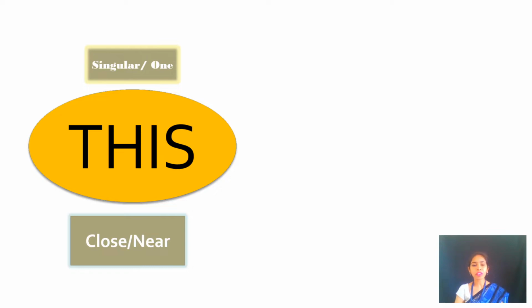So first we will get to know about this. So can you see this, children? This is used with singular form. Anything which is one in number. कोई चीज जो एक है and it's close or near to us. कोई चीज पास में है और एक है, तो then we are going to use the demonstrative, that is this.